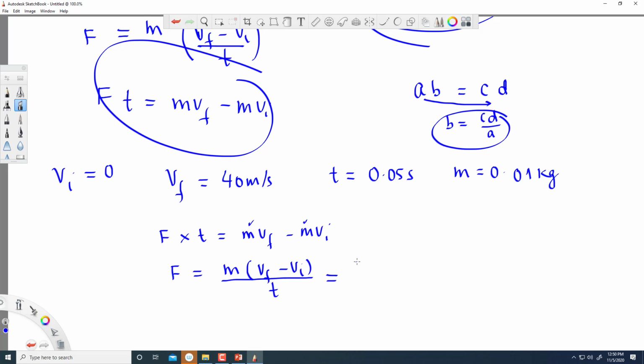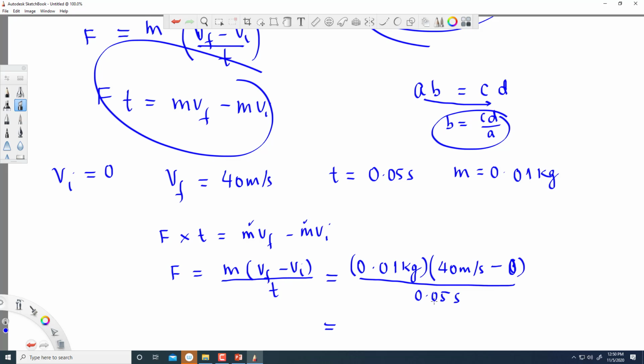M is 0.01 kilogram. Final velocity is 40 meters per second. And then initial velocity is 0. That's 0. And then that's all over t, which is 0.05 seconds. Okay, so you need to do the math.